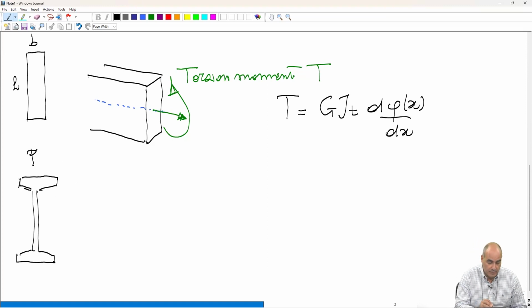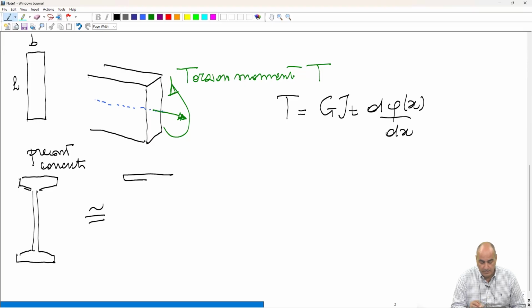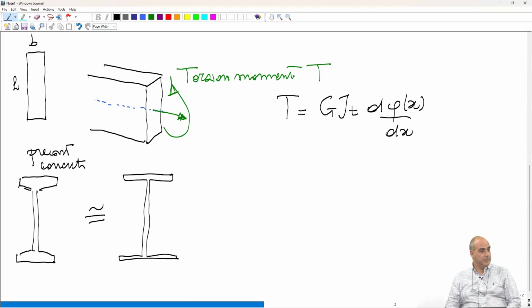So this could be precast concrete. They are very similar to steel beams. Steel beams are like this. So what is the difference here?